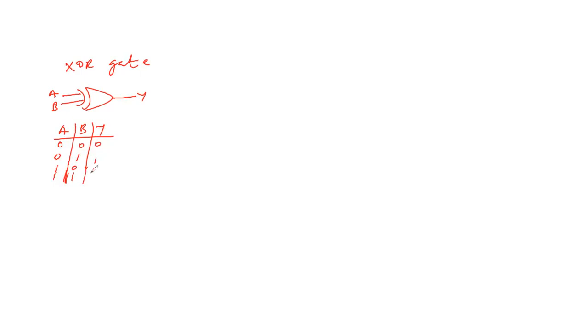Then we have 0, 1, 1, 0, right? Then we know that the exclusive OR gate can be designed using two AND gates, two inverters, and a single OR gate. All right.